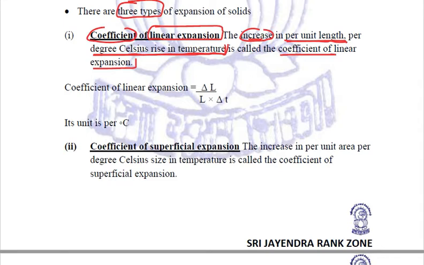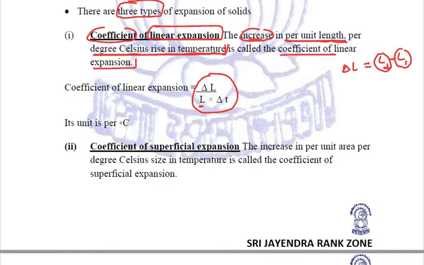And how are we going to calculate it? Quite simple. The formula for the coefficient of linear expansion is delta L upon L into delta T. Delta L means the difference in the length, which we can relate as delta L equals L2 minus L1, where L2 is the final length after expansion and L1 is the initial length before expansion.